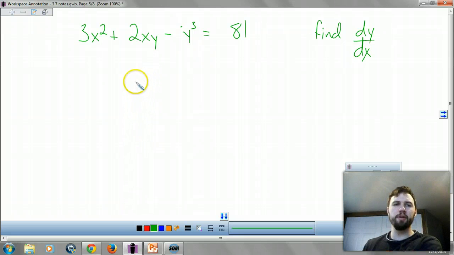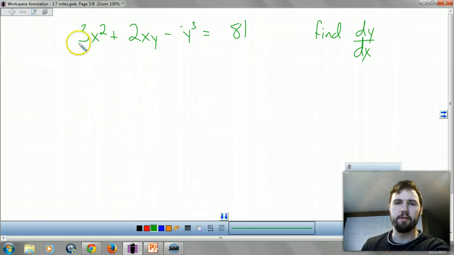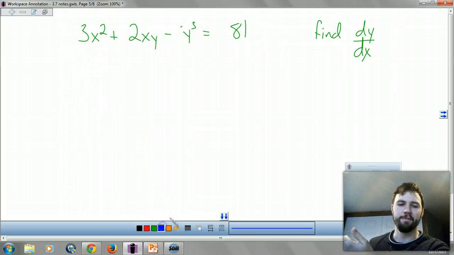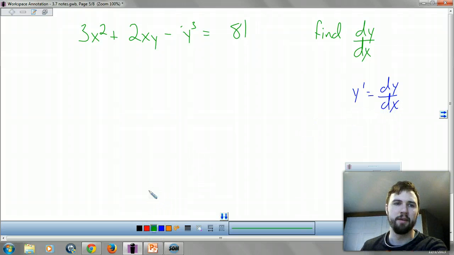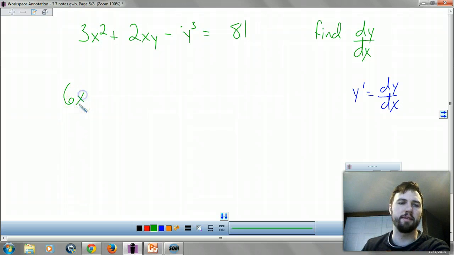So, first step, take the derivative of both sides. From here on out, I'm going to write y prime, because that's the same thing as dy over dx, and it saves me a lot of time. So derivative of 3x squared is 6x. Now, since that's in terms of x, we don't times that by the y prime.